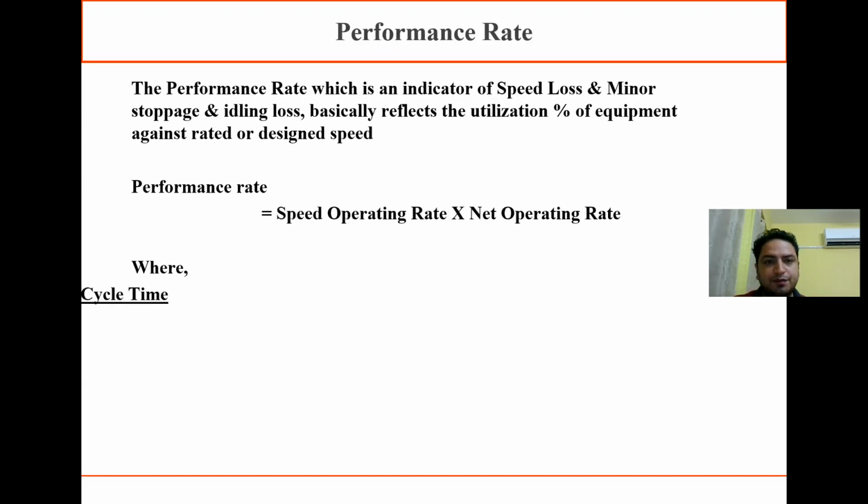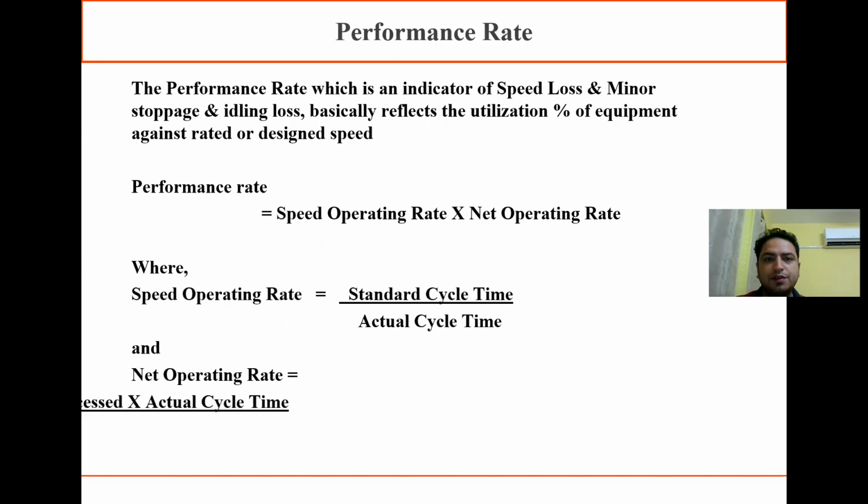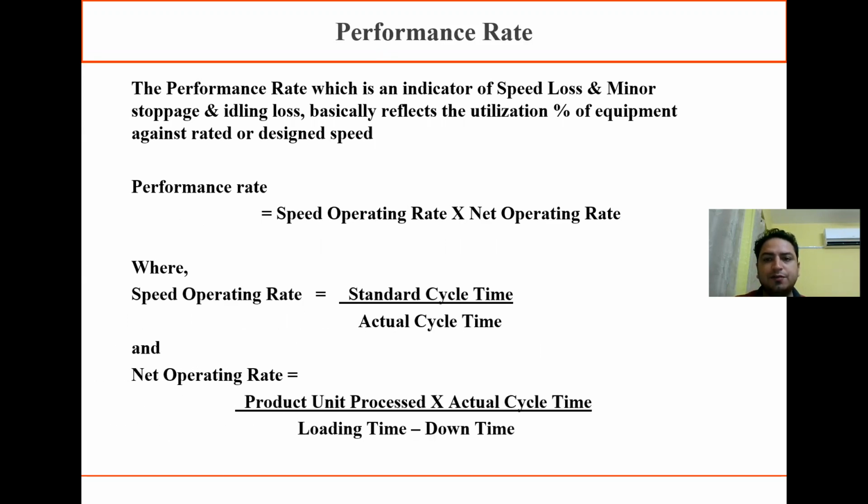Next is the performance rate. Performance rate is an indicator of speed loss, minor stoppage and idling loss. It basically reflects the utilization percentage of equipment against rated or designed speed.